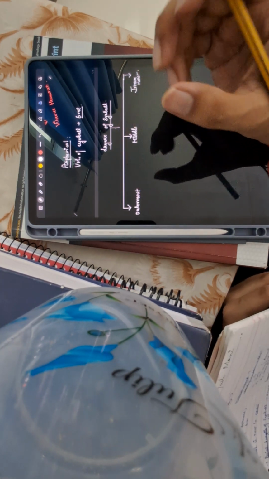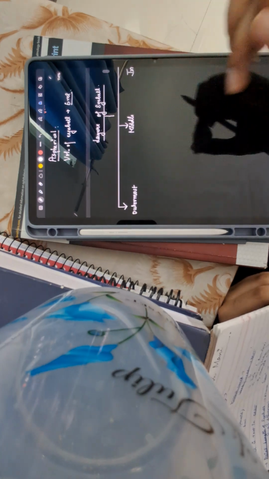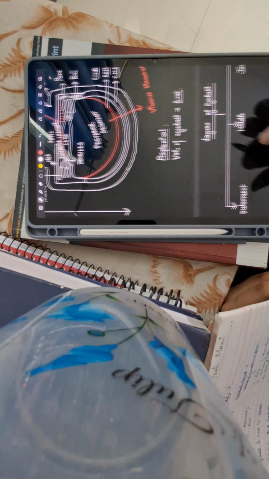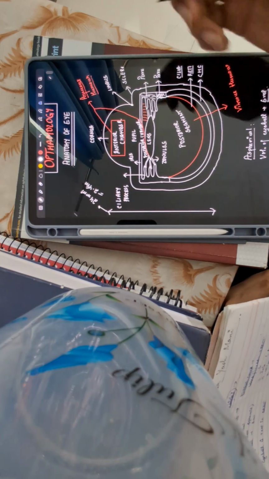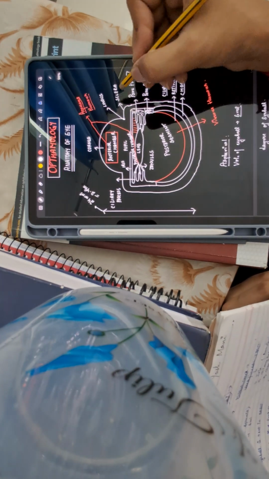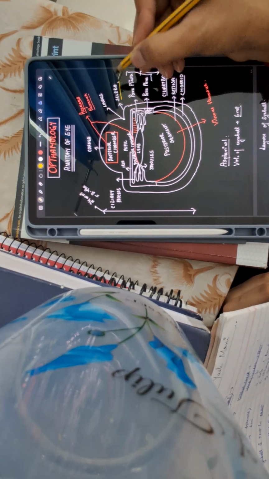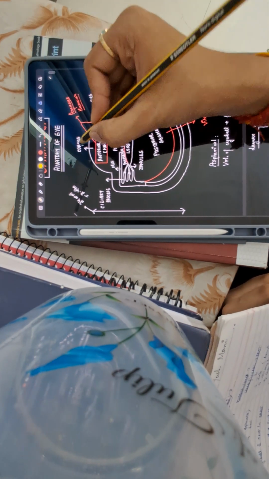When I say I'm talking about the outermost layer, you should know, and from this diagram itself you were able to identify, that the outermost layer I'm talking about right here is basically the sclera, limbus and cornea.